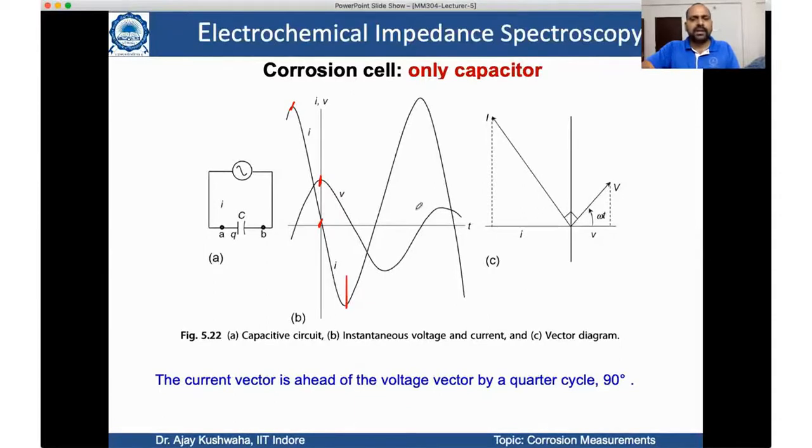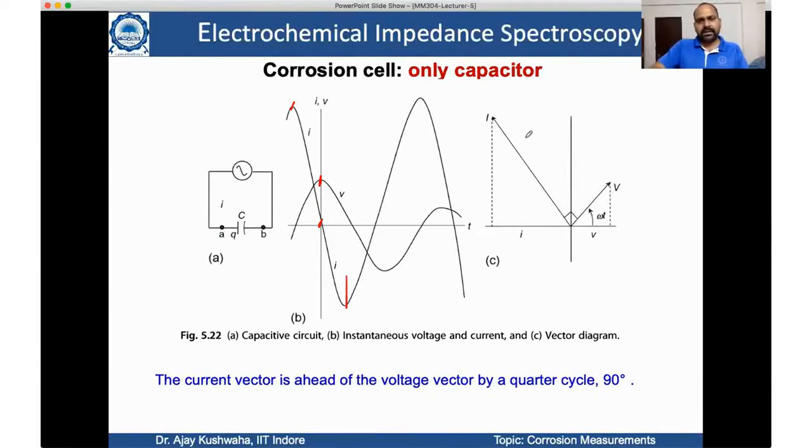So there is a difference in the phase between voltage and current. And the current vector is ahead of the voltage vector by a quarter angle, 90 degrees. Means when the current is maximum, voltage is zero. The current is ahead or voltage is lagging behind.